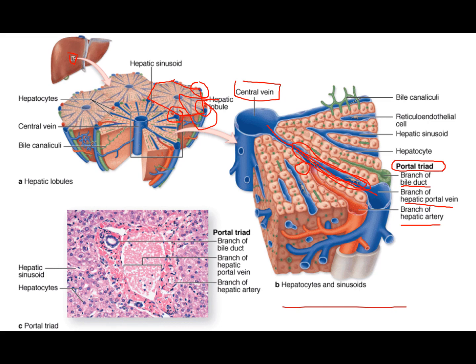They're all going to drain into the hepatic veins and leave the liver and go back to the heart. At the same time, you have blood coming in and draining out, and you have the production of bile in the hepatocytes, and it's going to exit the liver via those bile ducts. So again, blood coming in, bile going out.